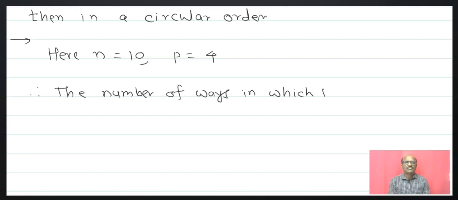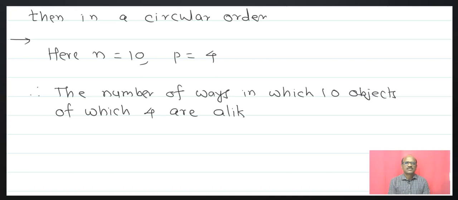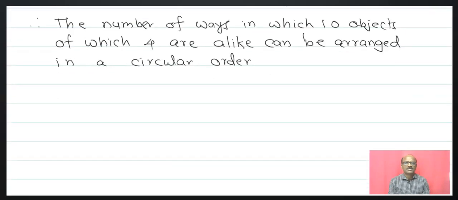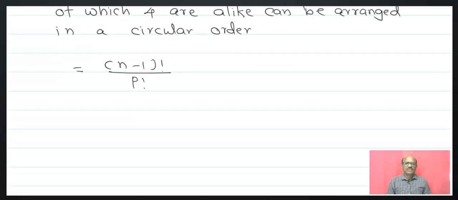the number of ways in which 10 objects, of which 4 are alike, can be arranged in a circular order is n minus 1 factorial upon p factorial.